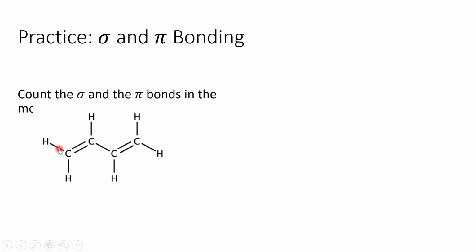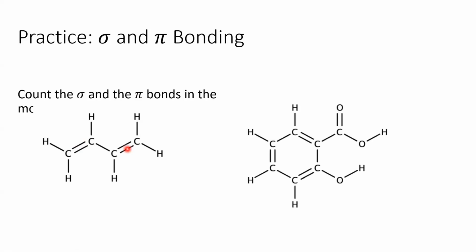All right, good. We've got 1, 2, 3, 4, 5, 6, 7, 8, 9 total bonds in our structure. That means there are 9 sigma bonds. This has a pi bond here, and this has a pi bond here, so there are 2 pi bonds. I agree. Excellent. Let's look at another one. How many sigma bonds and how many pi bonds?